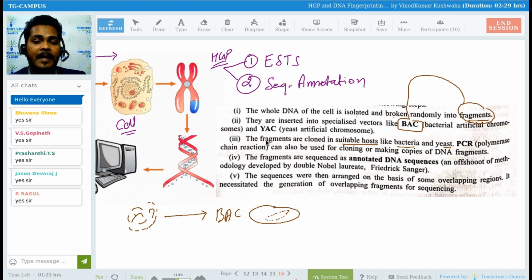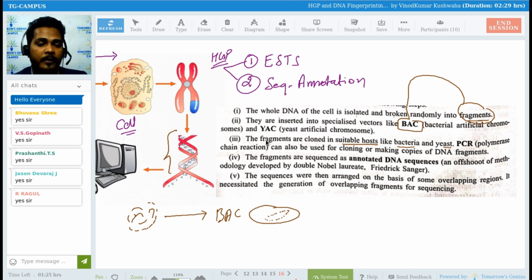Now these fragments are later sequenced as an annotated DNA sequence, right? As you can see, the annotated DNA sequence. Then the sequences were arranged on the basis of their overlapping regions, and this necessitates the generation of overlapping fragments for the sequencing, and computer-based programs were used to align the sequences.